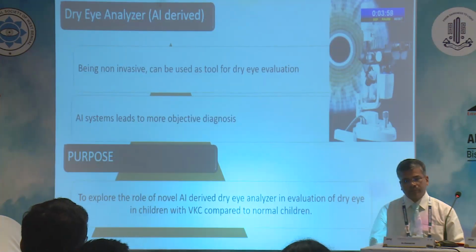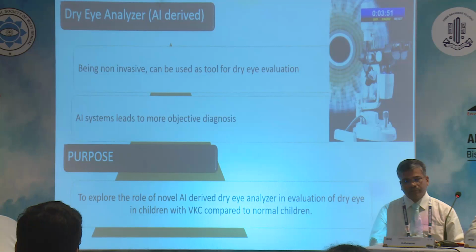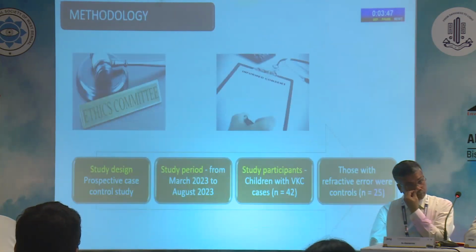With this background in mind, our aim was to explore the role of novel AI-derived dry eye analyzer in the evaluation of dry eye in children with VKC compared to normal children.